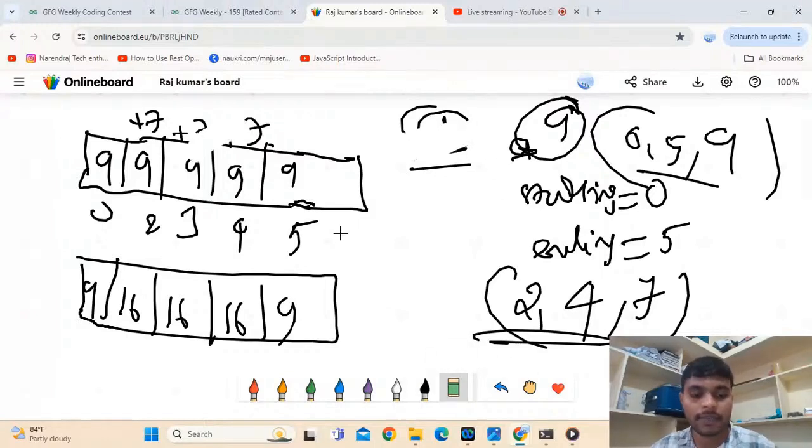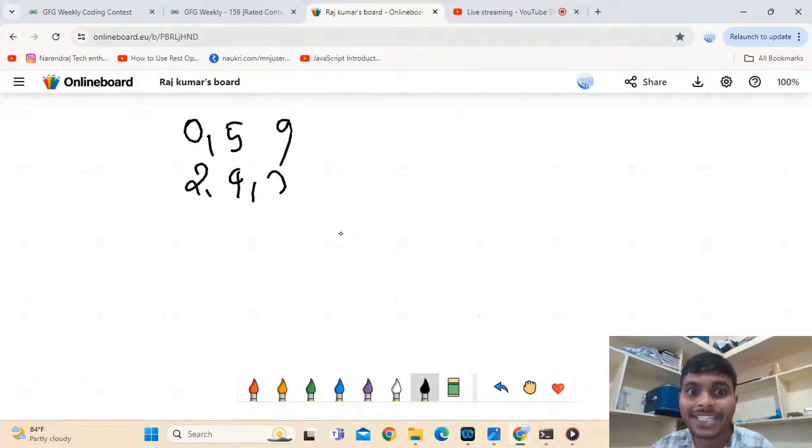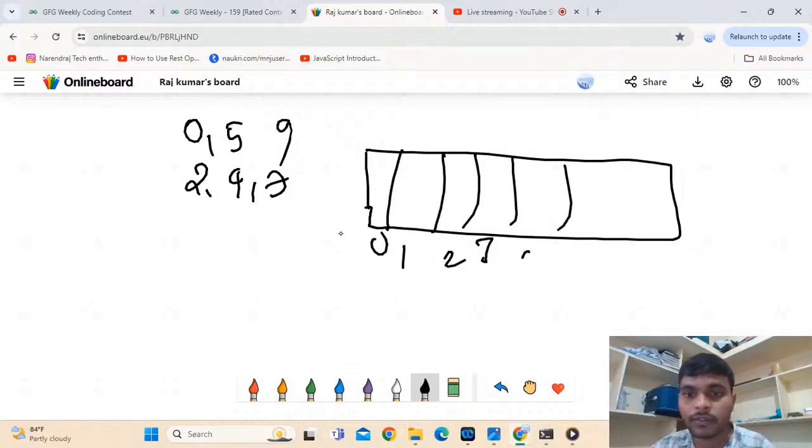Guys, I am clearing this board. So what is our case? From 0 to 5, I have 9. From 2 to 4, I have 7. Okay, now guys, at the starting place I am placing the 9. We have indices 0, 1, 2, 3, 4, 5.